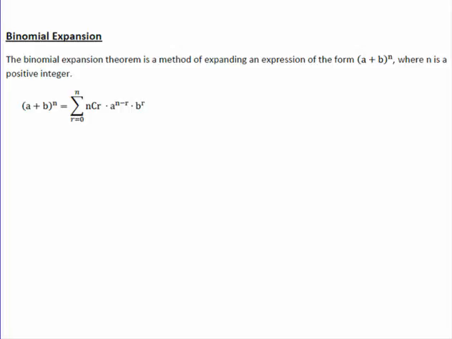And the binomial expansion theorem is really just a way of expanding any binomial if it's in the form a plus b to the n, where n is a positive integer, and we use this equation.